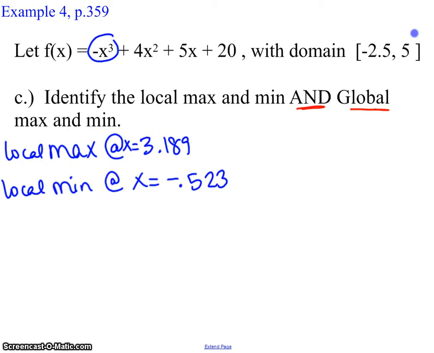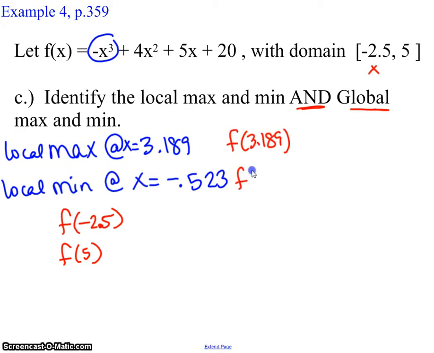Because I have a closed interval of negative 2.5 to 5, I have to check what the y value is for those two x's. So I need to find what f of negative 2.5 is and what f of 5 is, and compare it to f of 3.189 and f of negative 0.523.